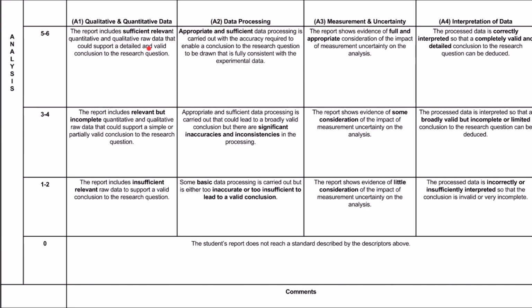And ultimately, what the teacher is supposed to do is assign a score for each of these criteria. So for instance, if your lab is marked 5 to 6 for your data collection, then only a 3 or 4 for your data processing, and then again a 3 to 4 for your measurement and uncertainty, and then you jump back up to a 5 to 6 for interpretation of data, the teacher looks at all of these different components of scoring and assigns you a mark out of 6.